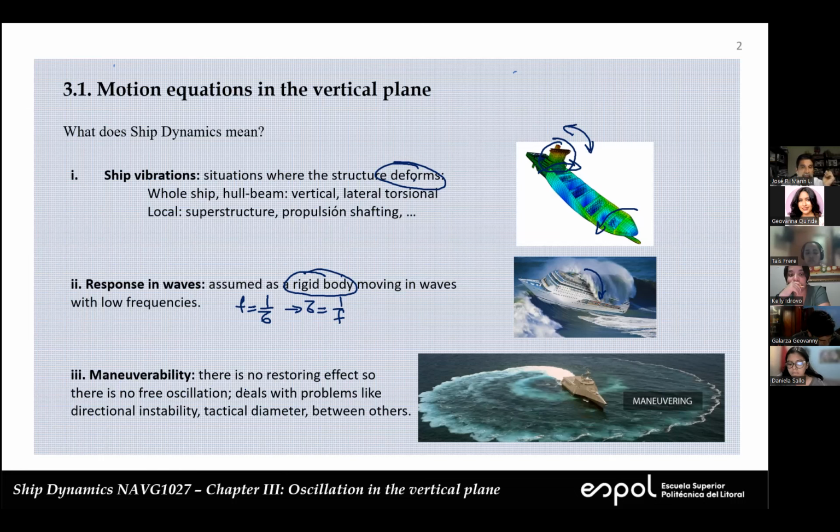What do they do? Well, they do problems like this, for example. They're coming in this direction and they try to make this maneuver, and they try to determine how much this is. This is a tactical diameter. If this is very large, that means that the ship doesn't have enough maneuverability.